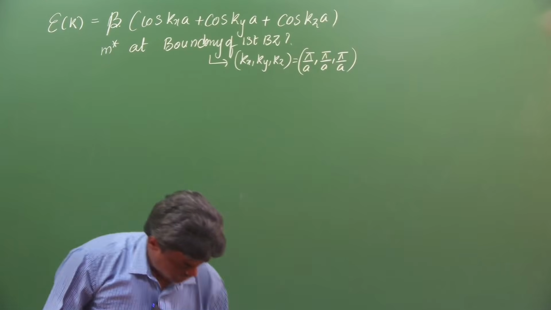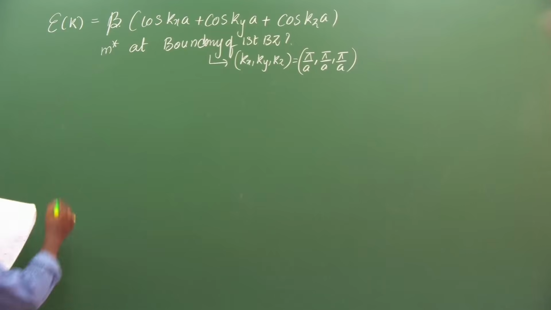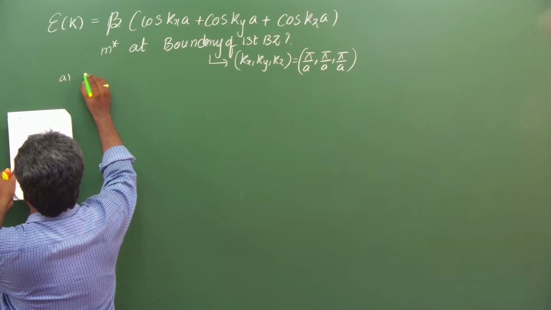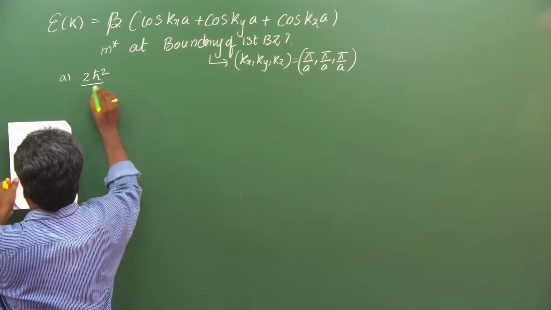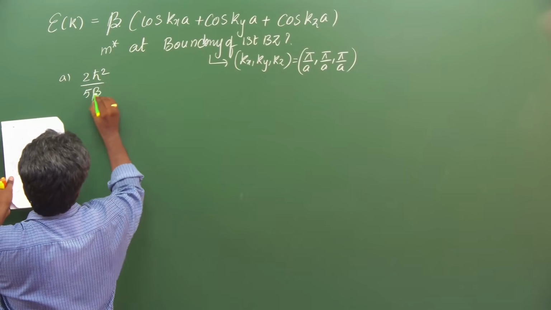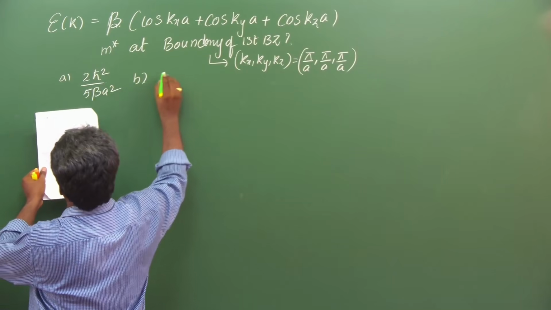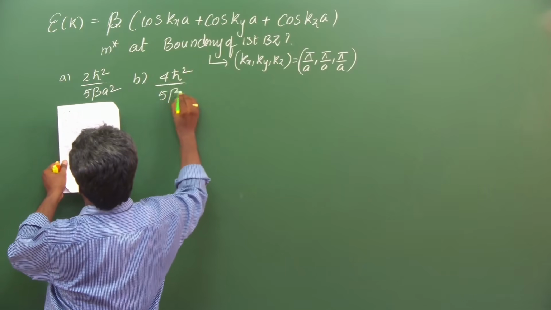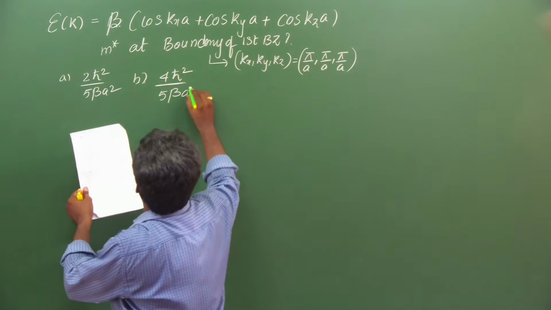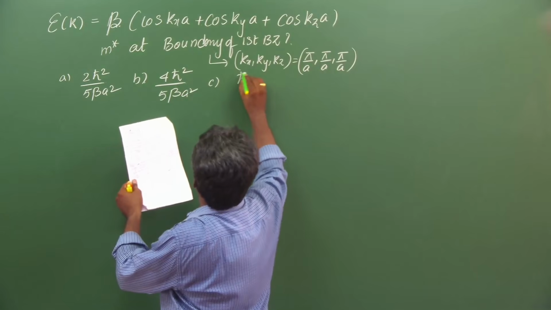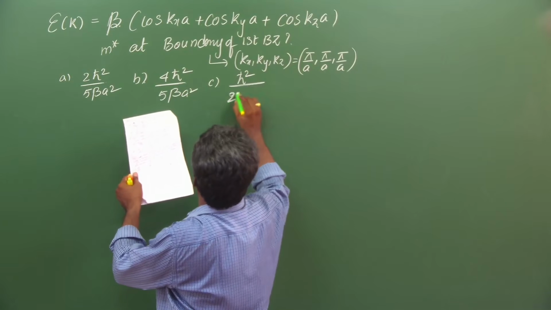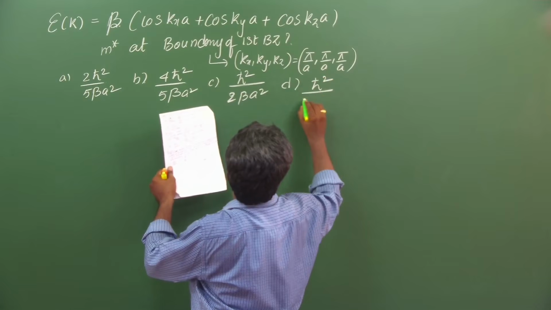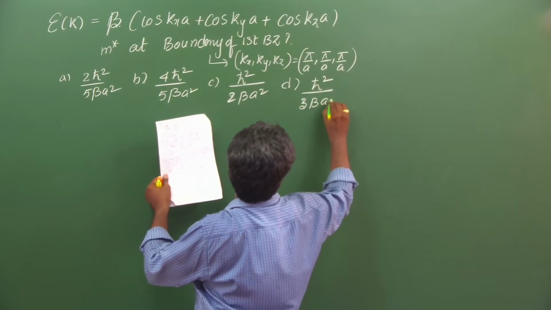Options: A, 2h cross square by 5 beta a square. If you know the differentiation, you are able to do it. H cross square by 2 beta a square. H cross square by 3 beta a square.